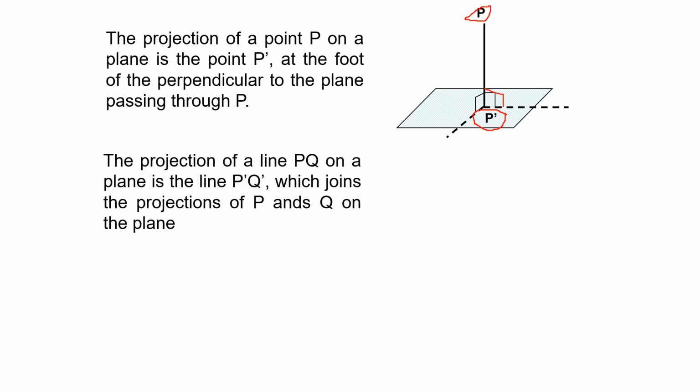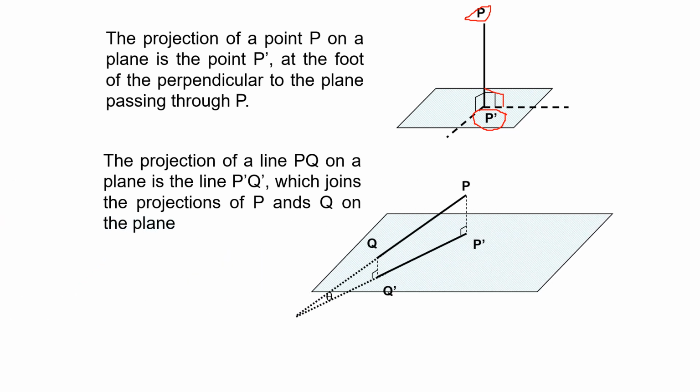And next, the projection of a line PQ. For example, if you have a line and you need to know the projection of the line, P prime Q prime, this is the drawing. If you have points P and Q over here, the projection will simply be P prime Q prime.